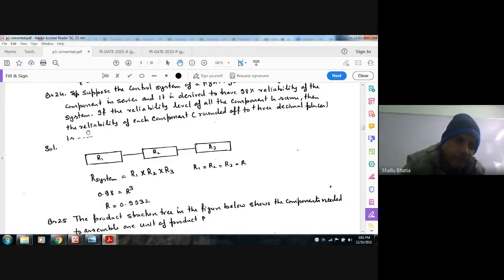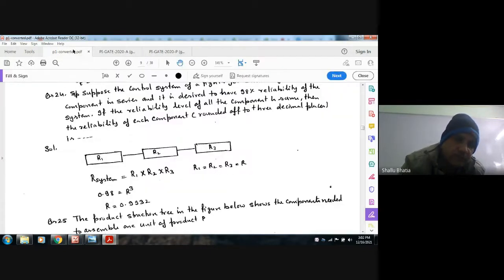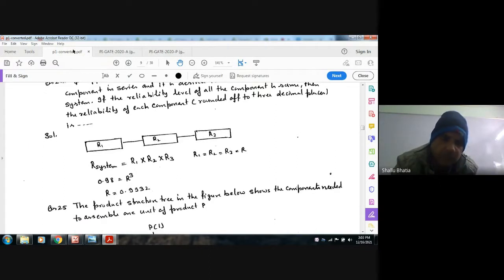So the reliability of the system is R1 into R2 into R3. Let it be R. So R cubed is equal to 0.98. So R is equal to 0.9932. Question number 24, 0.993. Or if it is in percentage, 99.32%.